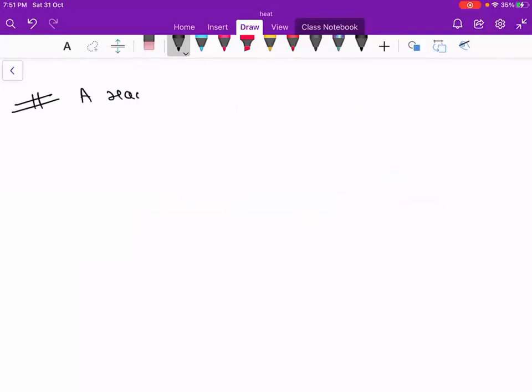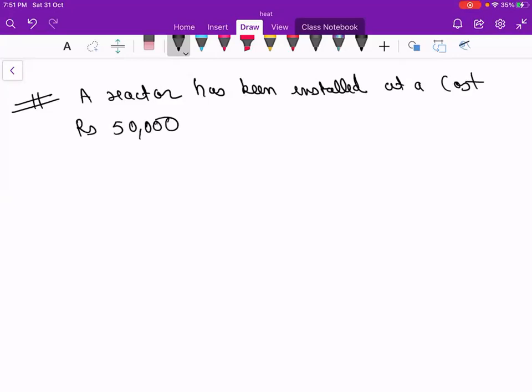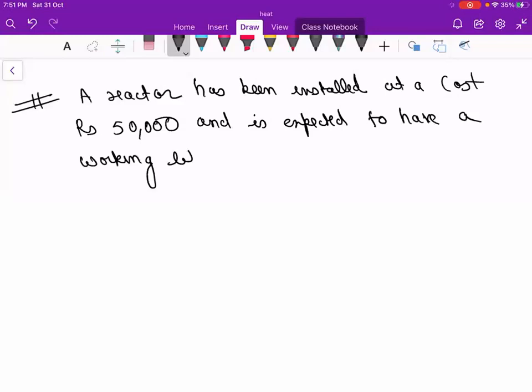A reactor has been installed at a cost of rupees 50,000 and is expected to have a working life of 10 years with a scrap value of rupees 10,000.